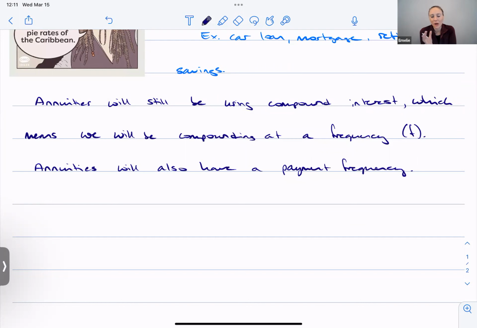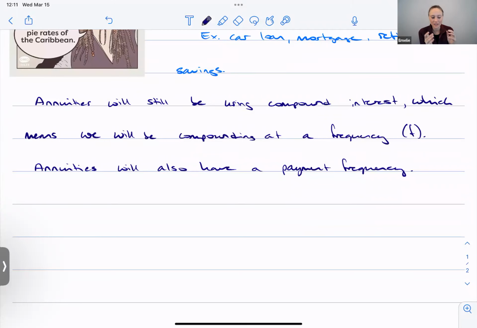Now, the problem becomes, part of our formula for compound interest was N. Instead of time, we talk about the number of compoundings. But now we're going to have some number of compoundings as well as some number of payments.